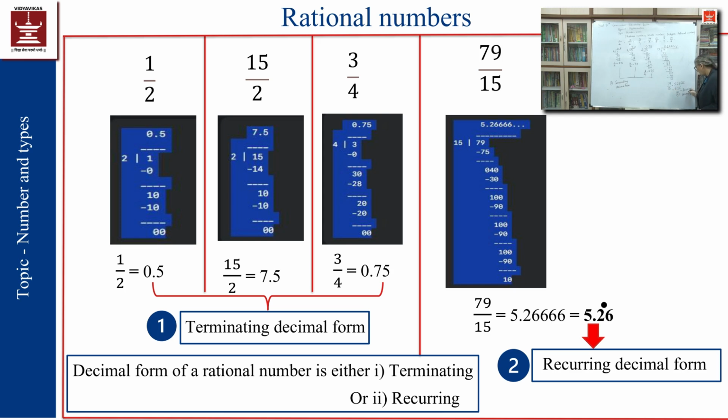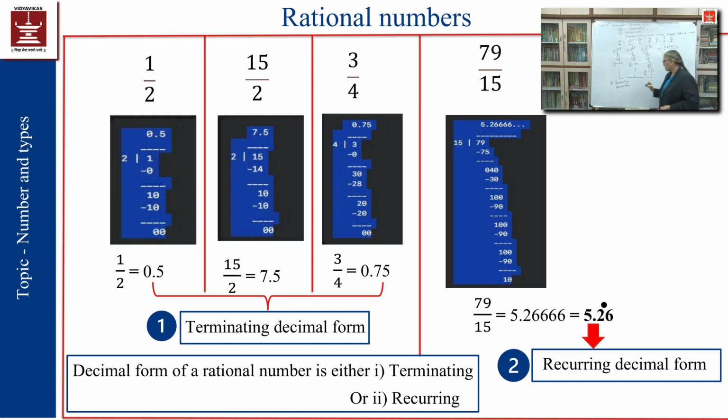No. So easy to remember: rational is recurring or recurring is rational. The decimal form of a rational number is either terminating or recurring. When we say recurring, non-terminating is hidden inside it.